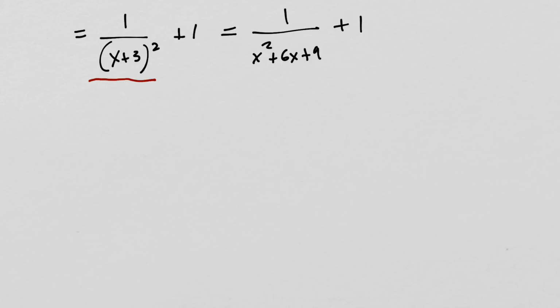To combine this into one function, we need the denominator of both of these fractions to be the same. So technically this is a fraction here. We need the denominator of this fraction to be equal to the denominator of this fraction. So multiply the top and the bottom of 1 by x squared plus 6x plus 9. We get the following.